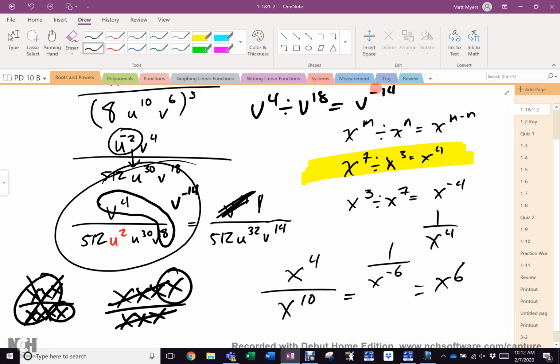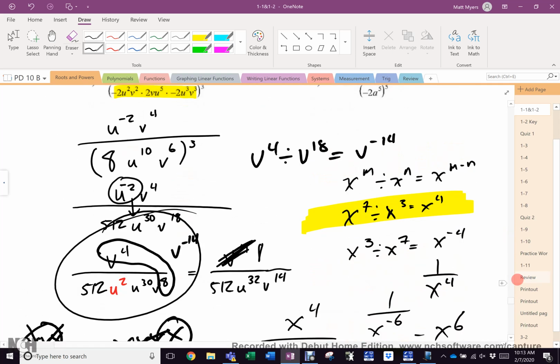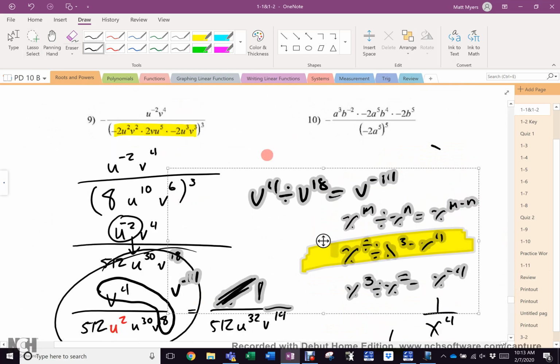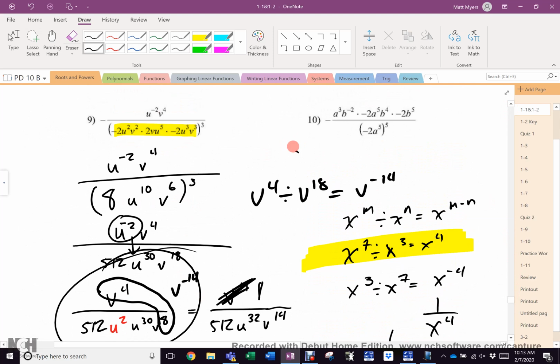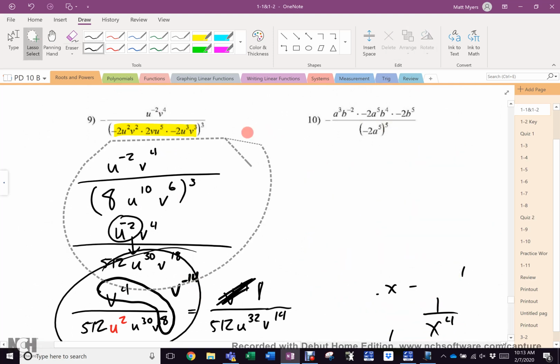Everybody cool? Okay. Somebody asked for 10, I think. Whoever asked for 10, while I'm erasing, what did you want to start with? So you dealt with the bottom first.